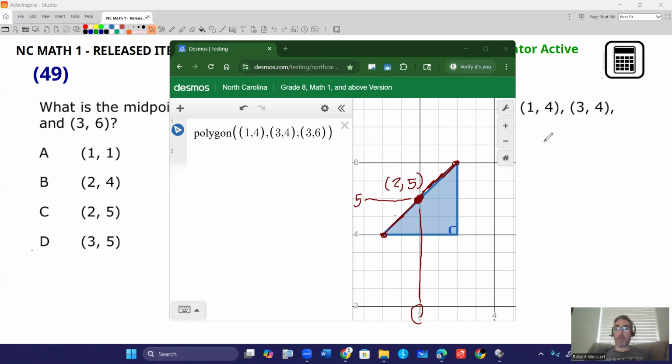Now you may remember the midpoint formula, and if you've gotten away with using midpoint before on Desmos, midpoint does not work on the calculator active portion of the testing version of Desmos. So my midpoint is going to be between these coordinates, (1, 4) and (3, 6).